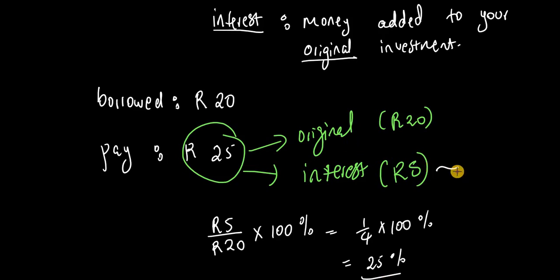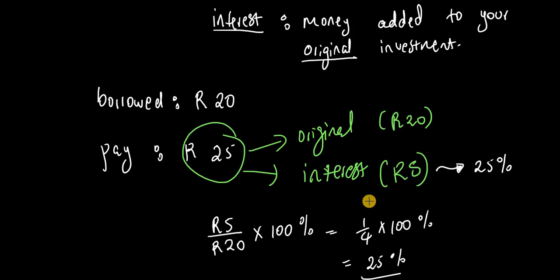I'm saying the same interest but in terms of percentage. 25% interest means that you paid me 25% more than the money that I gave you, because 25% of 20 rands is 5 rands.